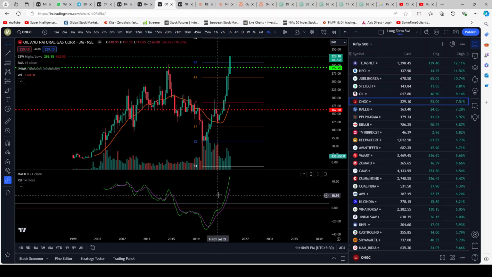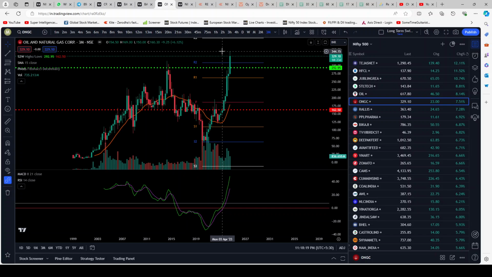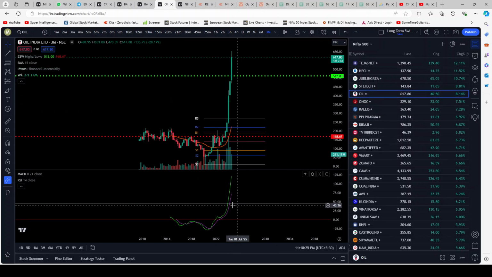Look at this ONGC over here. Crosses the 50% mark on the RSI and becomes a rocket. In July 20 last year, it crossed this, and that time the stock was at about 186. From 186, it's currently at 344, so almost doubled. Oil India, it crosses the 50% mark over here.